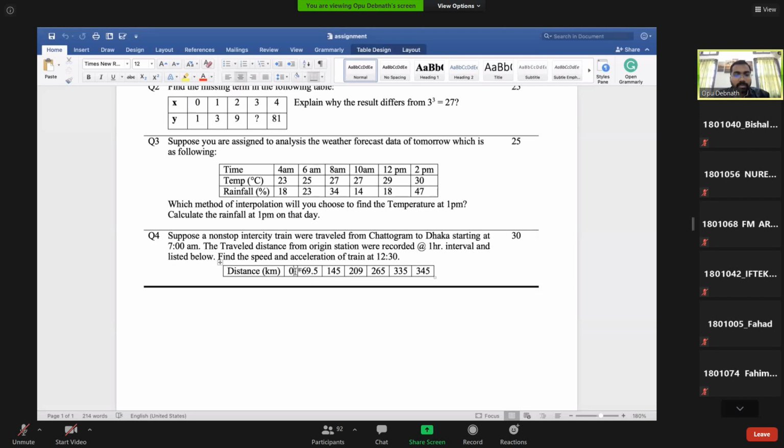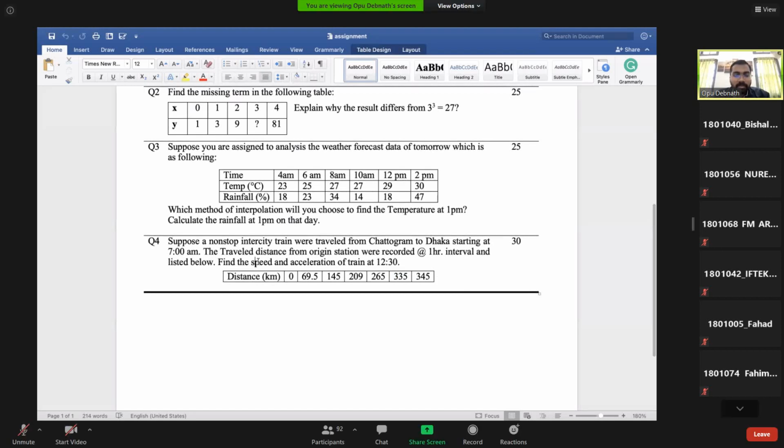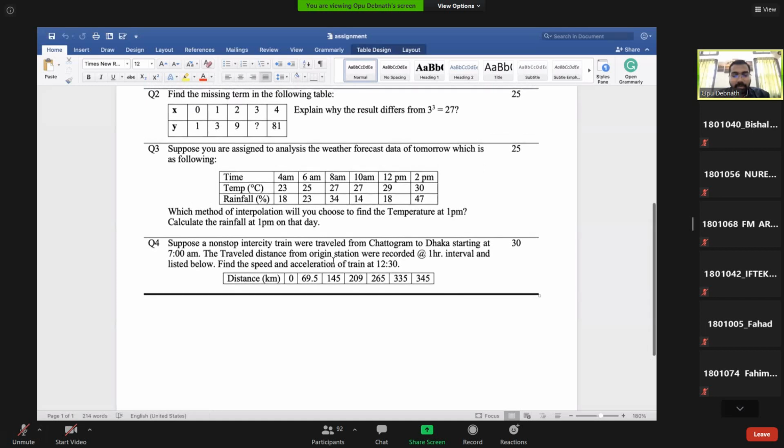That means 7, 8, 9, 10, 11, 12 and 1 p.m. These are the given data, and then you need to rearrange your data in corresponding x, y values. After solving in successive steps, you will get the desired speed and acceleration. Okay, so you should try.